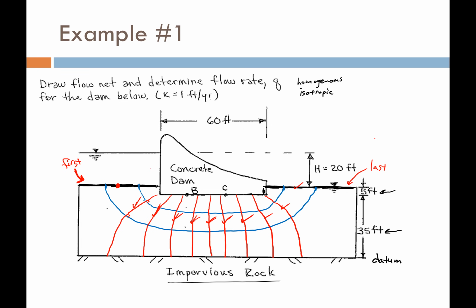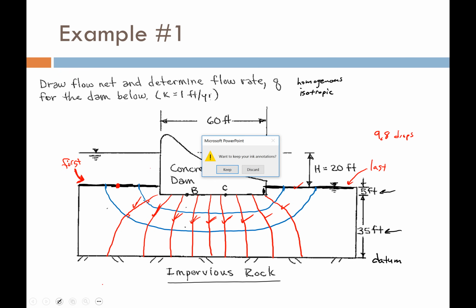Okay. So I got 9.8 jumps or drops. Now, if I go back and revise this, I might change that and get a different set of drops, but that's okay for this initial example here.